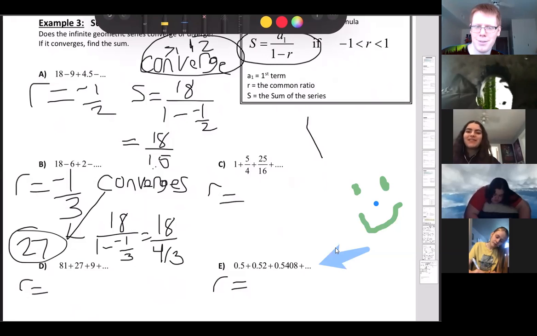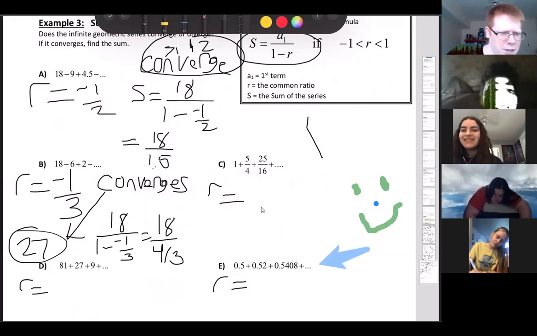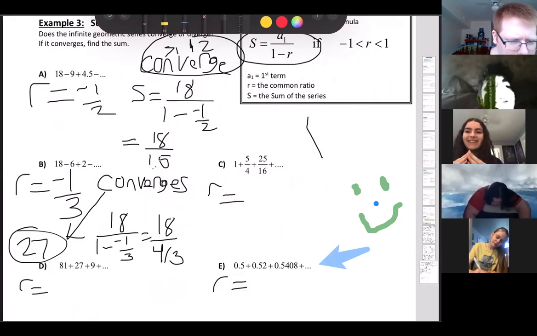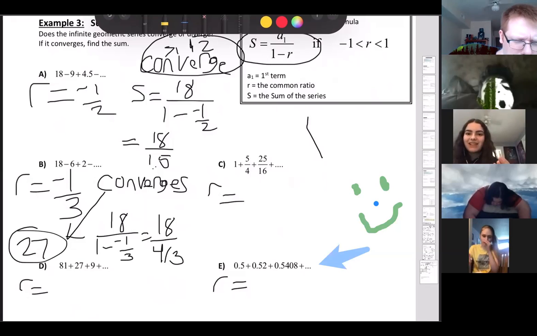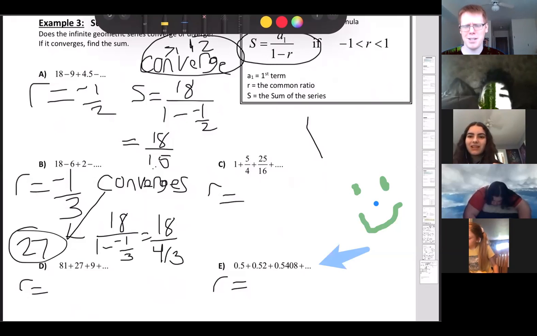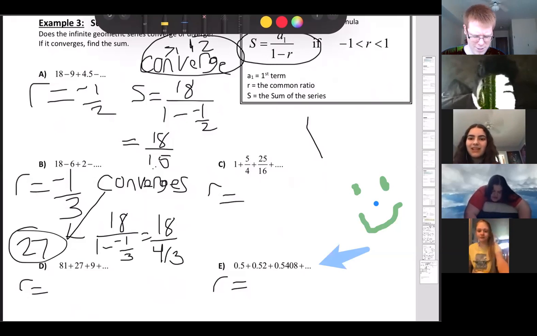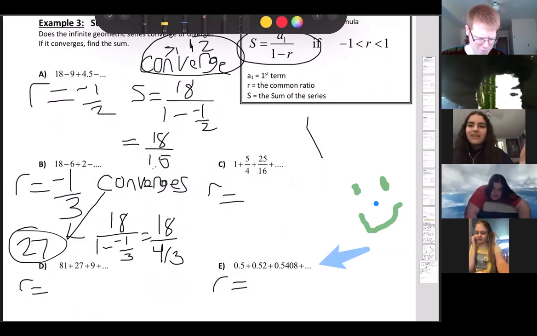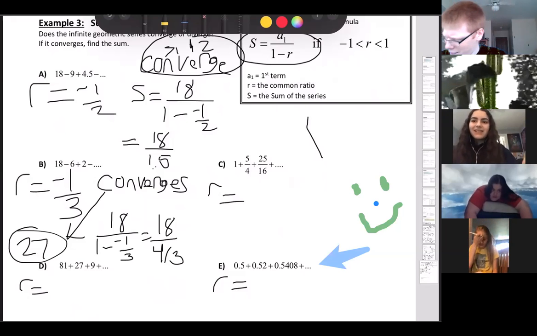Wait, let me check something. Did I mess someone up? 18 divided by 4/3, is that wrong? If you're dividing 18 by something bigger than 1, it should be getting smaller, not bigger. I got 13.5. Yeah, me too.